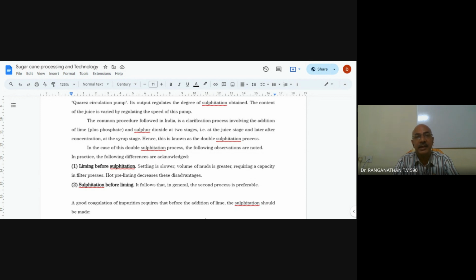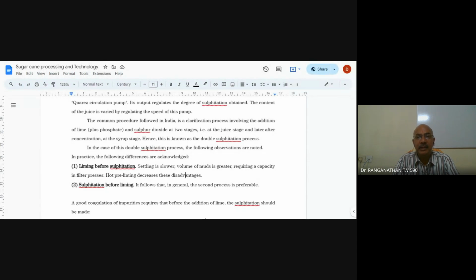What happens basically, as I already told you, during the process of liming, both the carbohydrate polymers and the proteins get solubilized. When it is changed to the acidic pH, everything gets precipitated. But why is the settling lower?